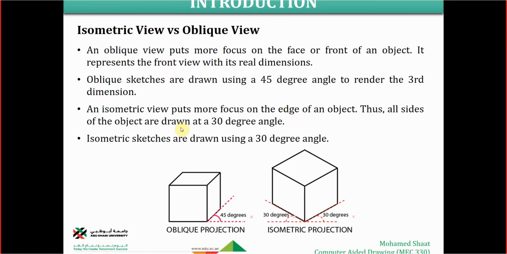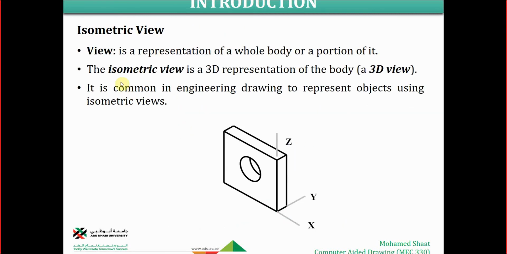Yes, one of the most common types of three-dimensional representation of an object is the isometric view, okay? We have different types of three-dimensional views. One of the most common is the isometric, and this is the one that we're going to use.